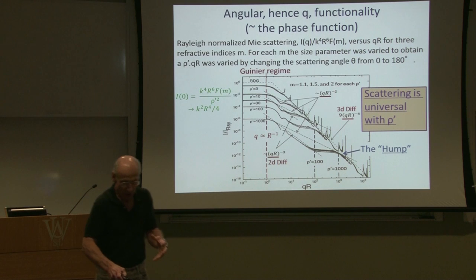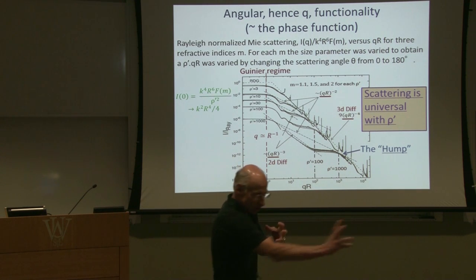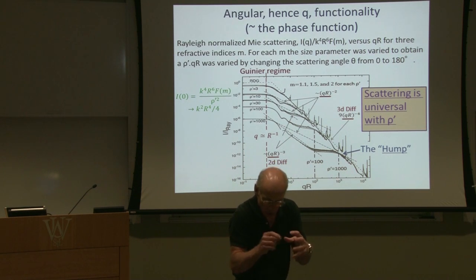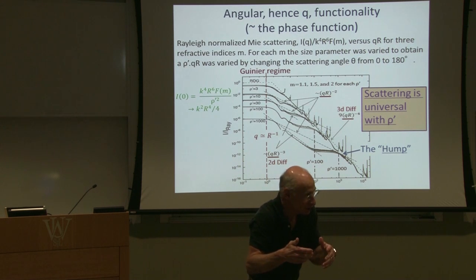So maybe we've got a spherical particle, and the whole particle itself is causing the 2-dimensional diffraction. And inside of it, there's a smaller particle that has a vestige of 3-dimensional diffraction.